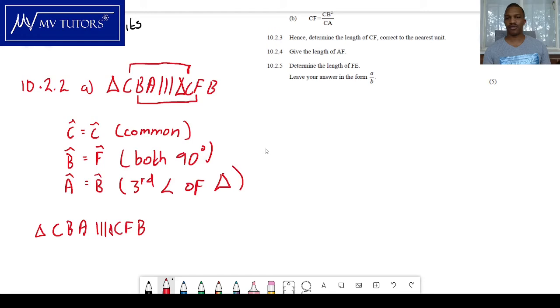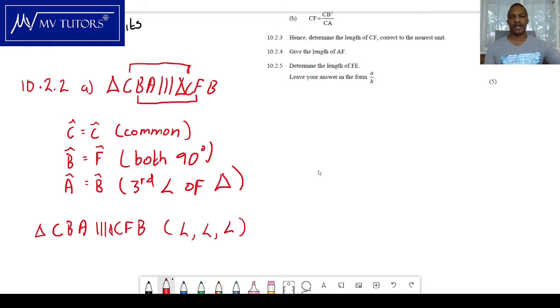It's absolutely critical, and the reason is we just proved angle, angle, angle. We didn't use sides. Remember, you can prove proportionality using sides or angles. Here we use angles.